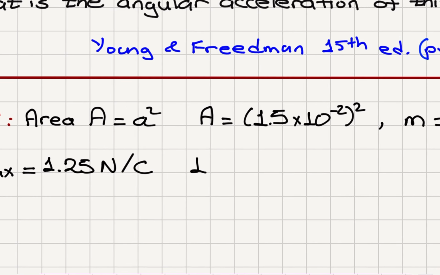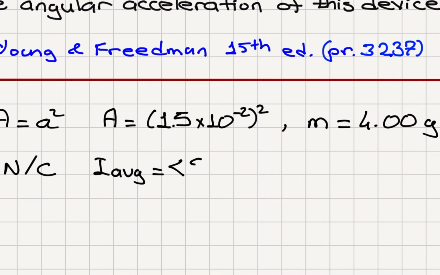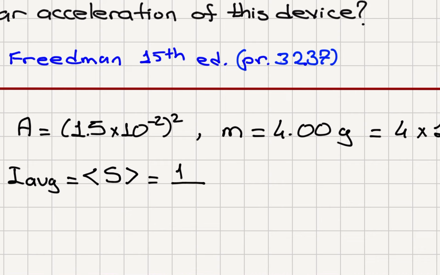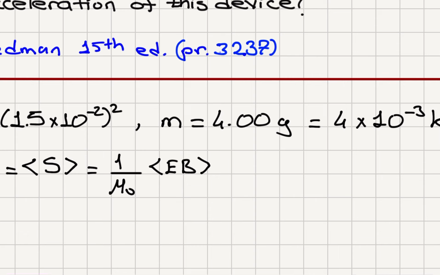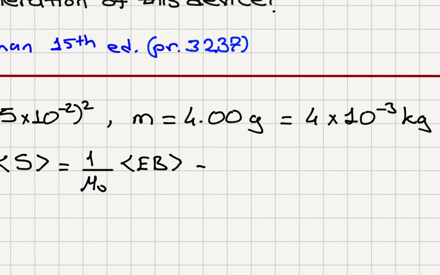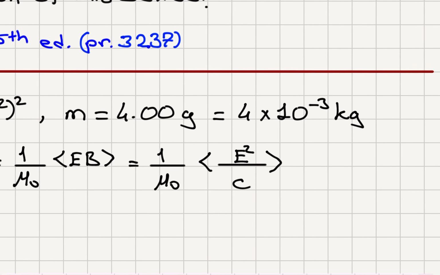The average intensity of the light, which is the time averaged value of the Poynting vector magnitude, is 1 over mu 0 times the time average value of E times B, electric field times the magnetic field, which is 1 over mu 0 times the time averaged value of E squared over c, because E is equal to B times c, and B is E over c.